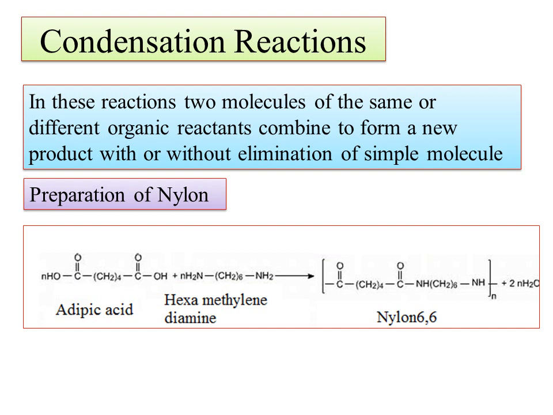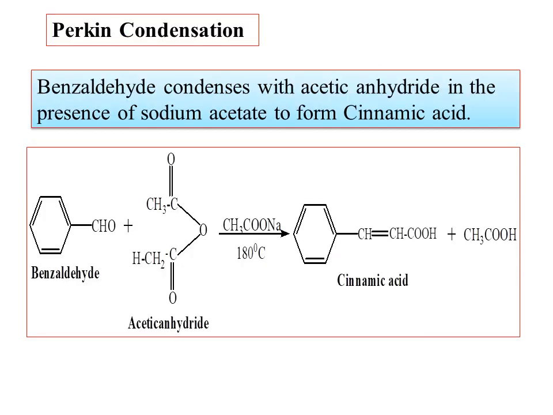Here we take adipic acid and hexamethylene diamine. It's a polymerization reaction, so n moles of hexamethylene diamine, when made to react with n moles of adipic acid, undergo condensation with the removal of water, and you are going to get a nylon 6,6 polymer.